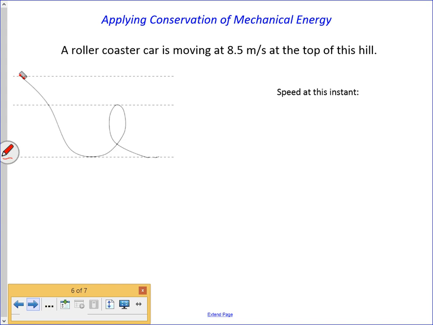So this thing has a non-zero initial velocity. Let's say here's our final instant right here. Let's say this is h, and this is h plus 10 meters, and this is h plus 13 meters.